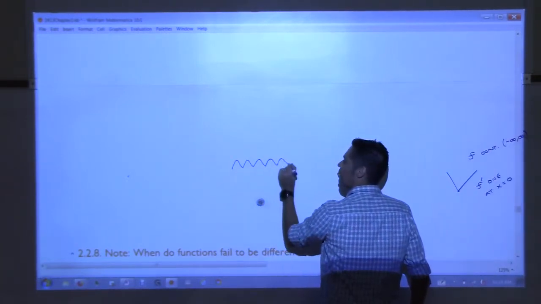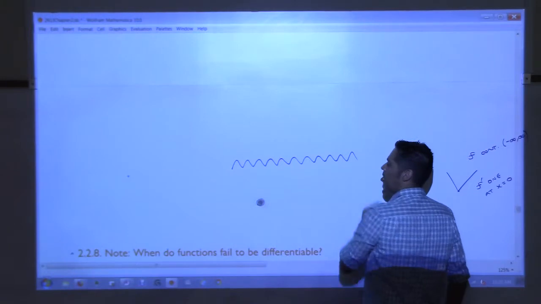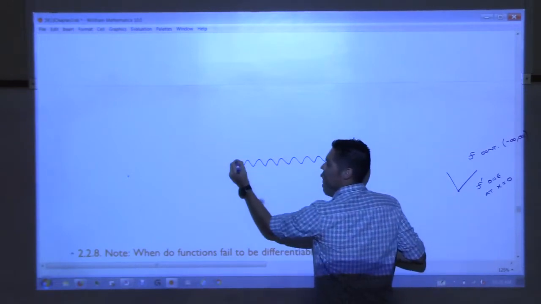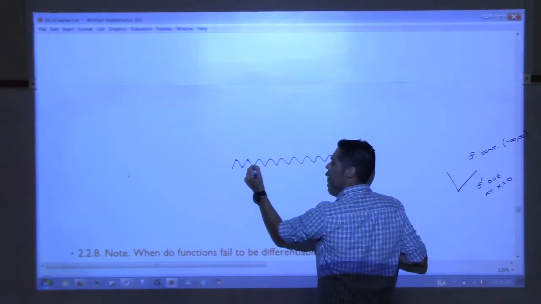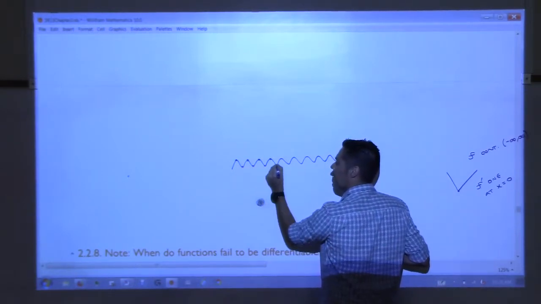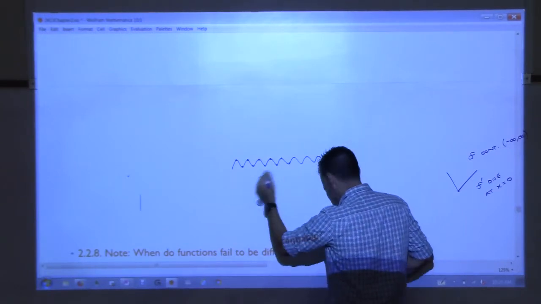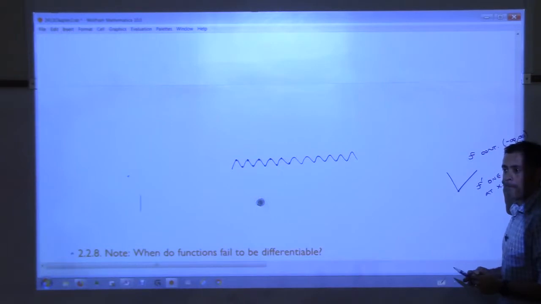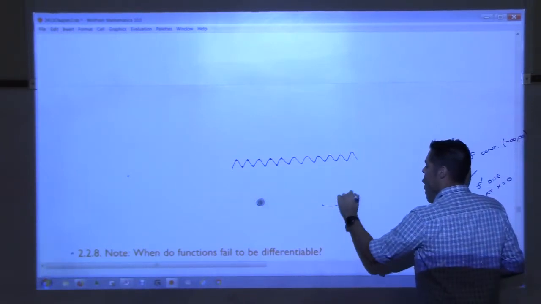Like a jigsaw kind of, not like a saw blade almost, like a bunch of these. Well, this would almost work. It wouldn't be differentiable here, here, here, here, right? But everywhere in between it would. Like remember the oscillating one? Like we couldn't take the limit of it. Oh, that sine function? Yeah, that sine one that went like this.